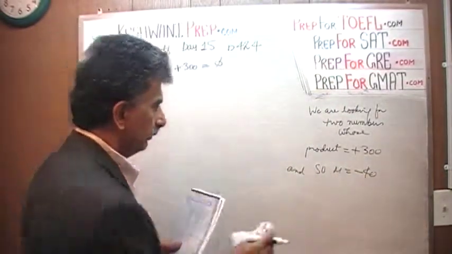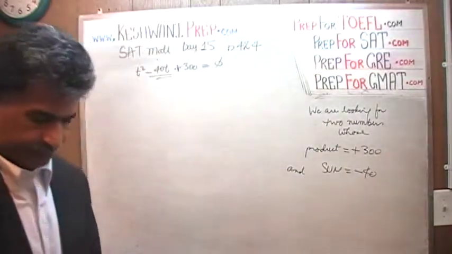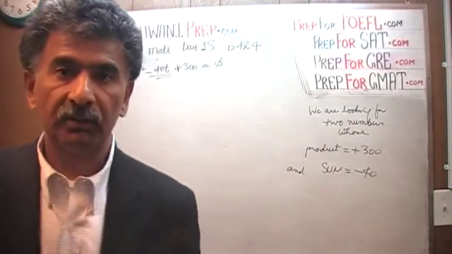That's another hurdle. Trying to think of two such numbers is another hurdle. But if you can think of those two numbers, those are the factors we are looking for.